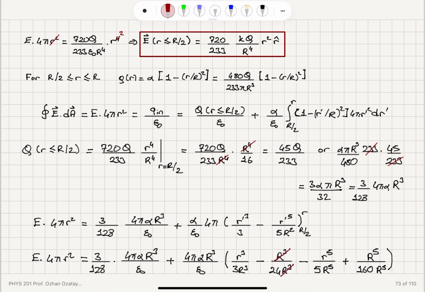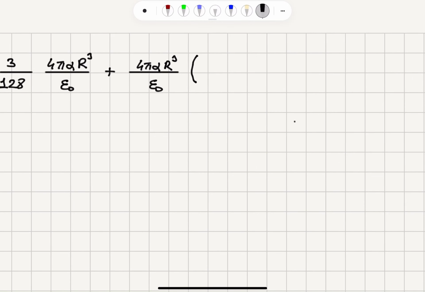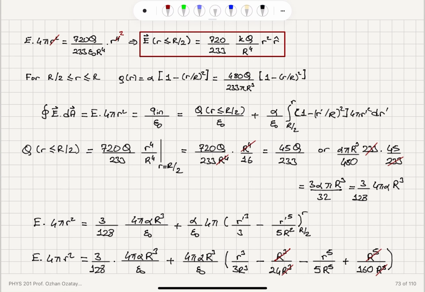The result of the integration gives me R cube over 3 capital R cube, that's the first term, and then I have the second term minus R to the fifth power divided by 5 capital R to the fifth power, that is this term. Then I have minus 1 over 24 and plus 1 over 160.